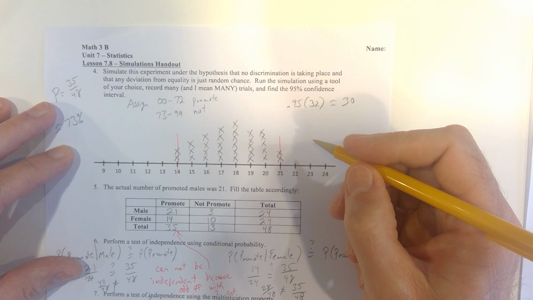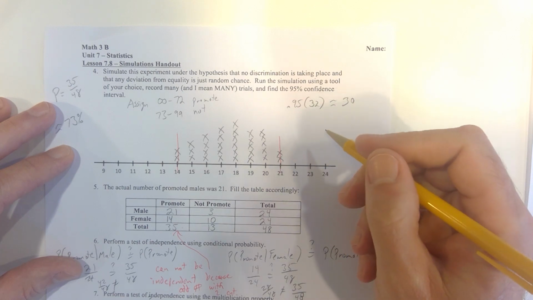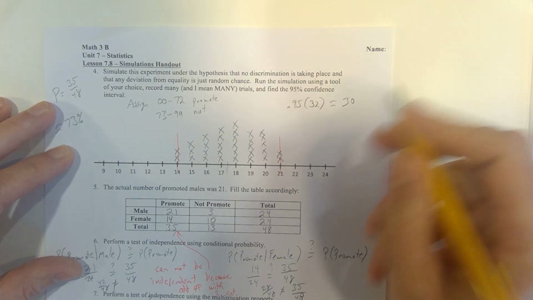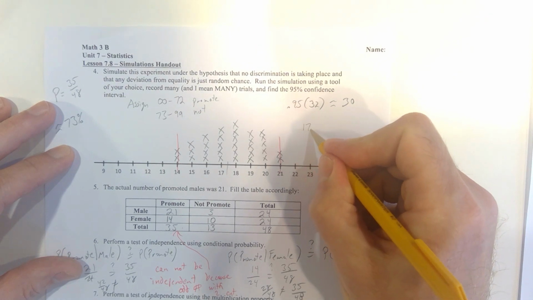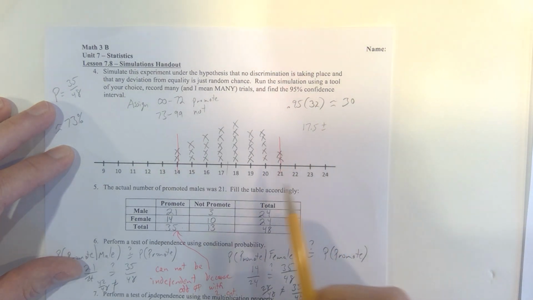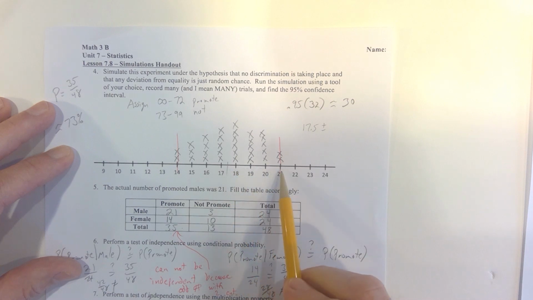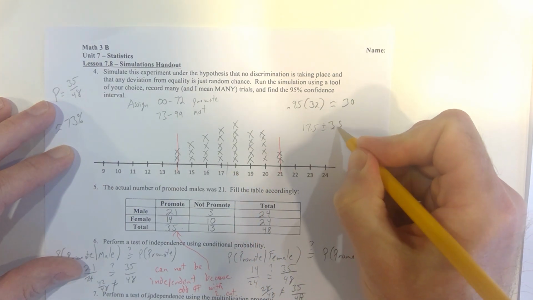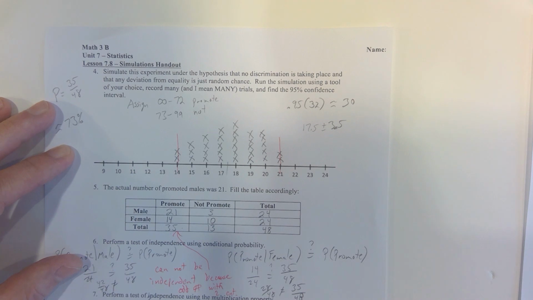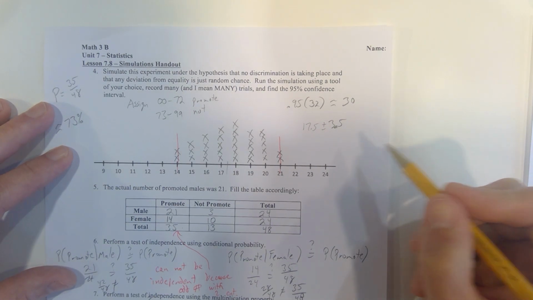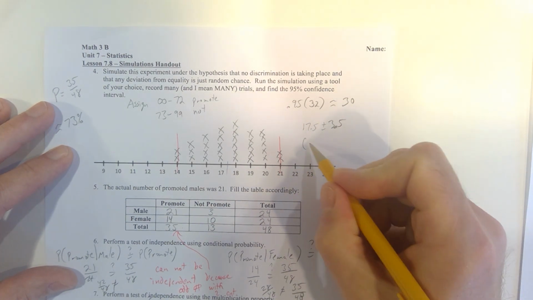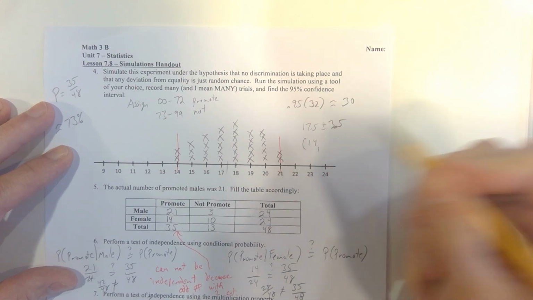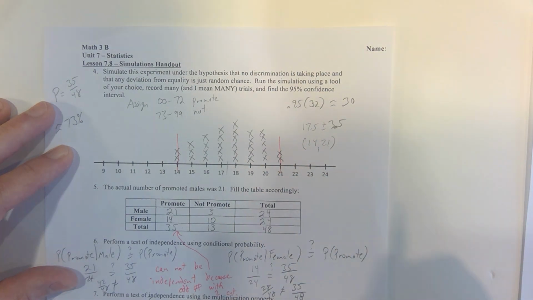So my confidence interval here would be 17.5, and we're going to say 3.5. Okay, so there's my confidence interval. Working that out is 14 to 21, right? Notice 21 hits right on the edge of that confidence interval, so it's really dicey.